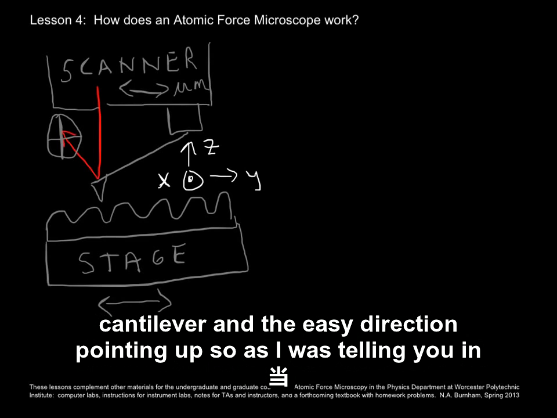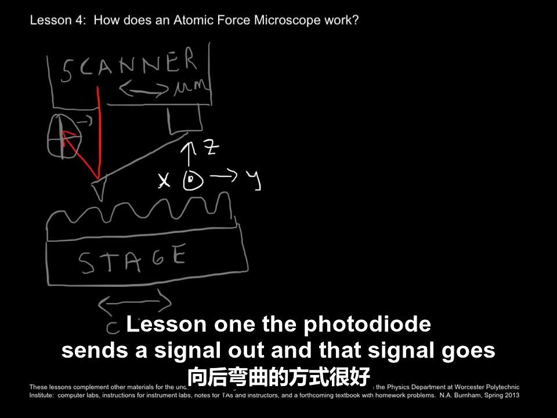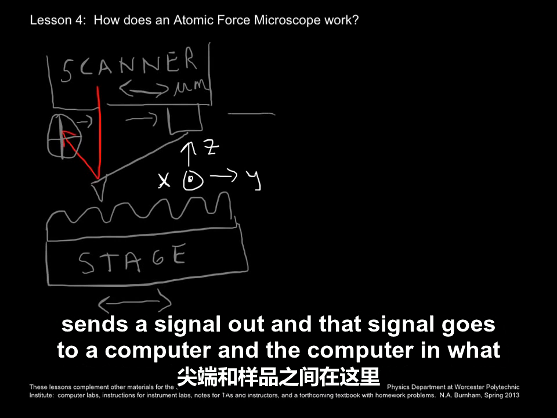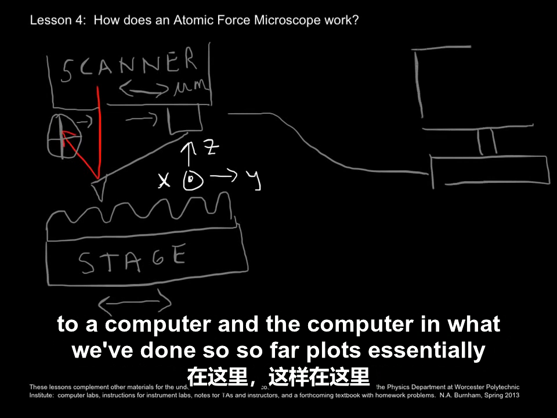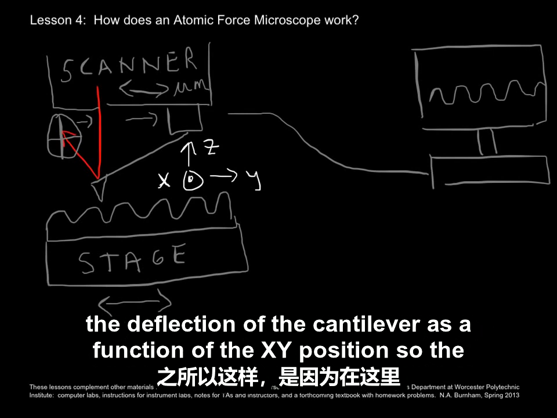So, as I was telling you in Lesson 1, the photodiode sends a signal out, and that signal goes to a computer, and the computer, in what we've done so far, plots essentially the deflection of the cantilever as a function of the XY position.